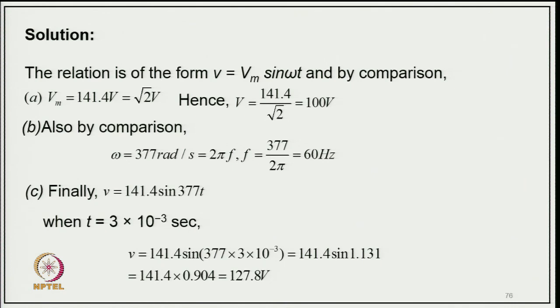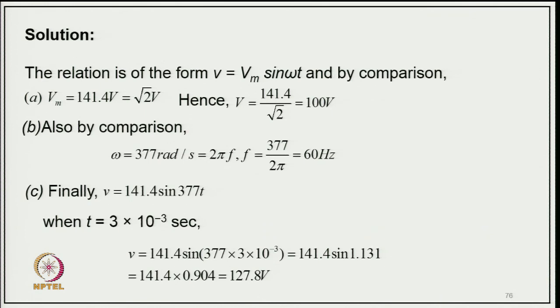Also by comparison, omega equals 377 radian per second, equal to 2 pi f, so f is 377 by 2 pi, that comes to 60 hertz. Finally, V equals 141.4 sin 377 when t equals 3 times 10 to the power minus 3 seconds.